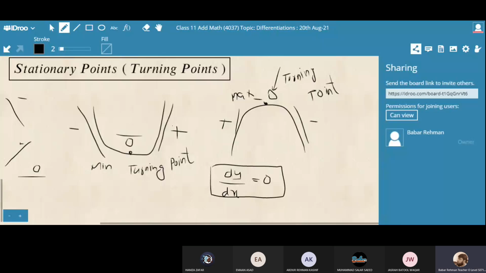Okay. Now we are going towards finding the concept of this. They are asking whether turning point and stationary point are the same concepts. Okay. So now one more concept, you please note down. I am going ahead.